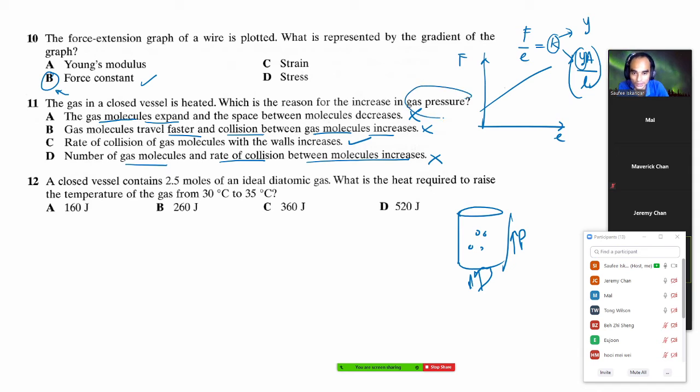Gas pressure is measured by how much momentum the gas transfers towards the wall of the container. It doesn't account for collisions between gas molecules. We only measure to the wall of the container. So answer is C. Obviously, A cannot be used.